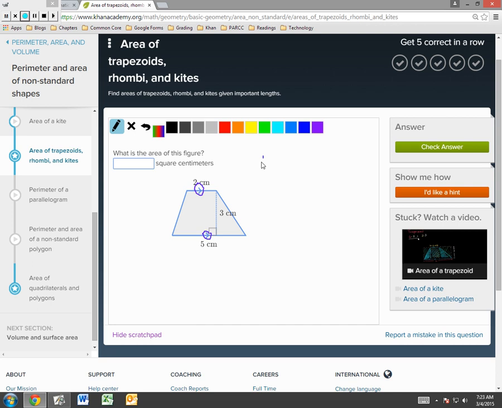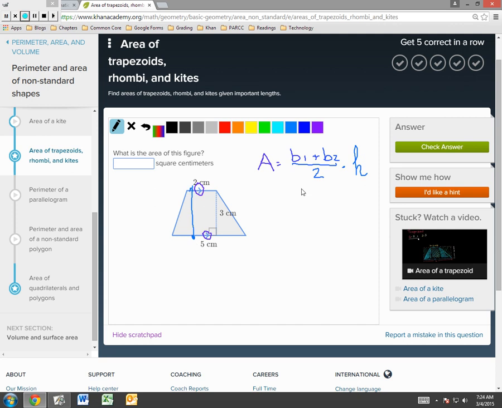Now, I always like to start with the formula. The formula for every trapezoid is base 1 plus base 2, we cut that in half, and then we times it by the height of the trapezoid. Looking at this, the bases are opposite each other. This is one base, this is the other base.